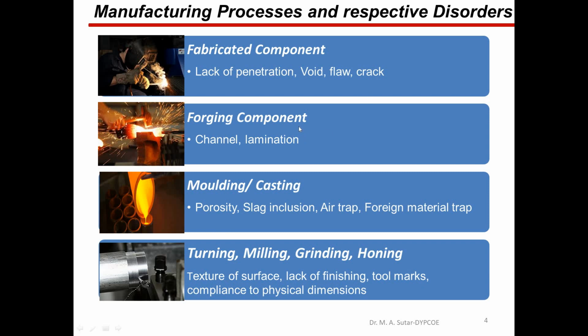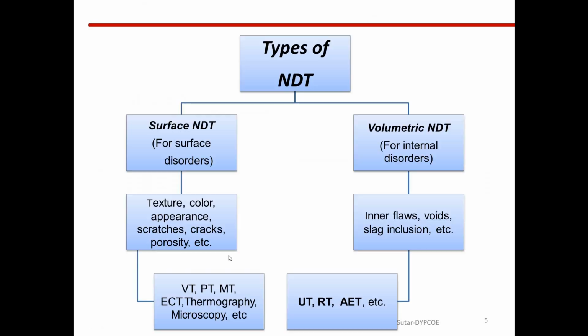For a forging component, two types of faults like channels and laminations are possible. For molding, porosity is inevitable, and in case of turning, we have texture, etc.